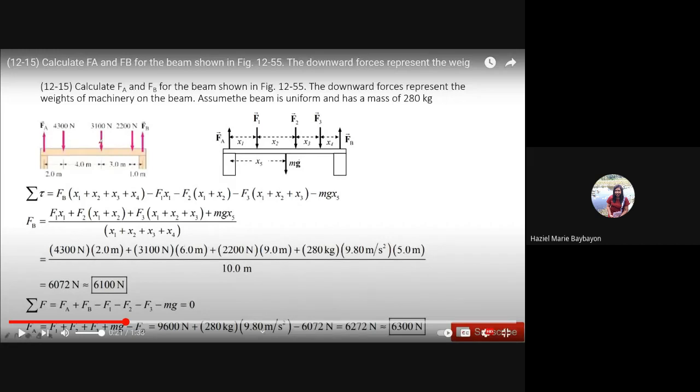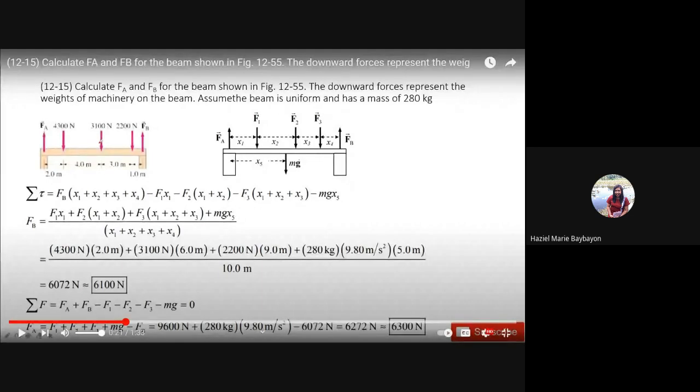Why is that? Can you check this one, class? Correct. 4,000 times 2 is 8,000 plus 3,000 times 6, 6 times 3, 18, 18,000.